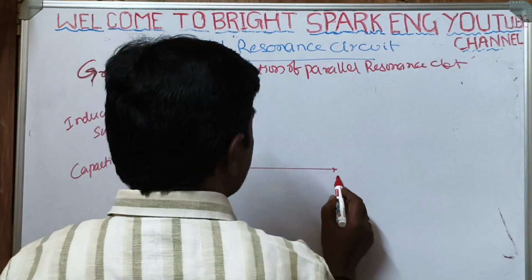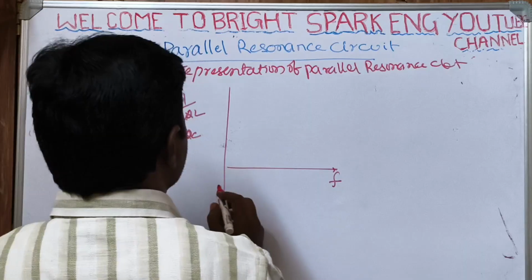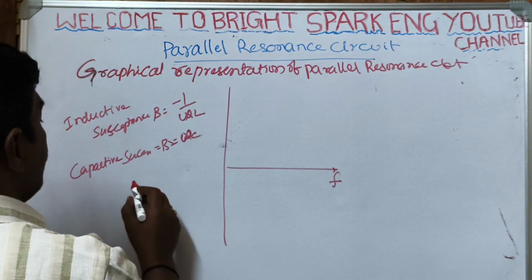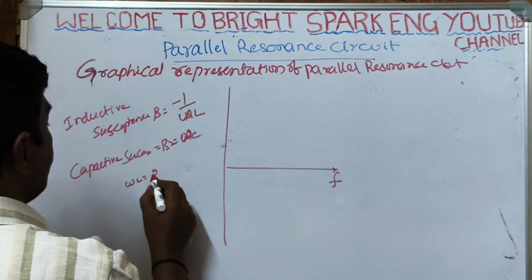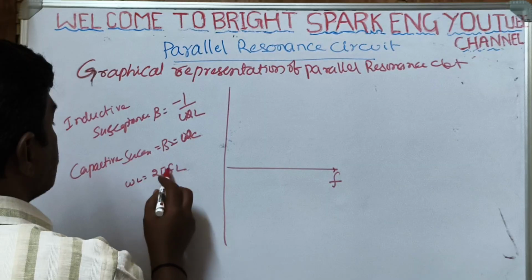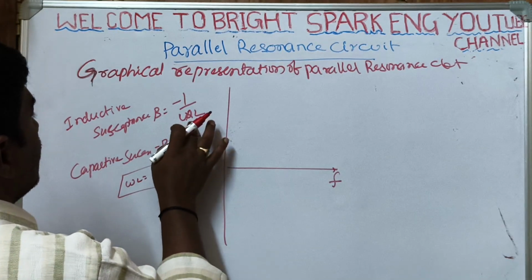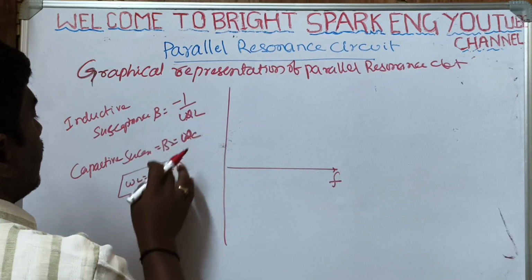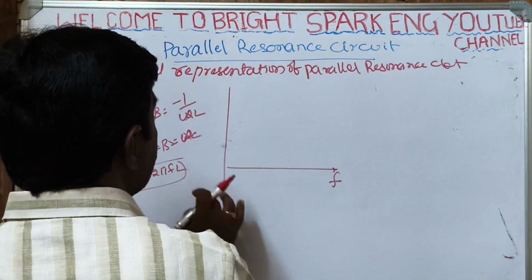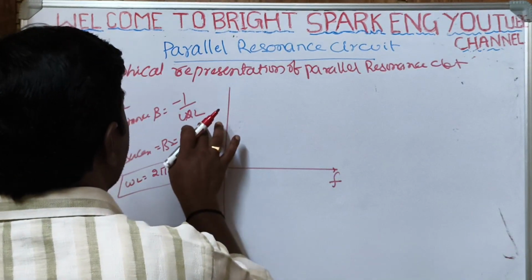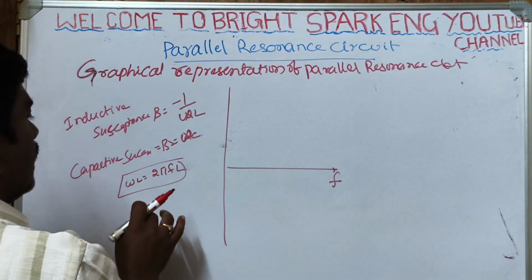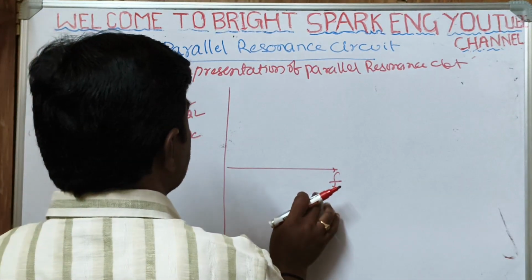here reference frequency is taken on the y-axis. Thus frequency, omega L is equal to 2 pi f L. So here omega L is inversely proportional to the supply frequency.